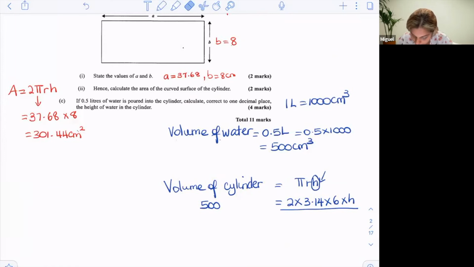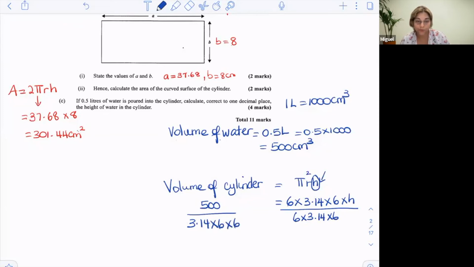Let me make this correction here: the volume is pi r squared h.